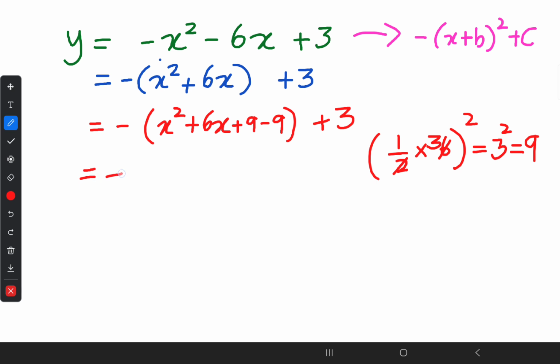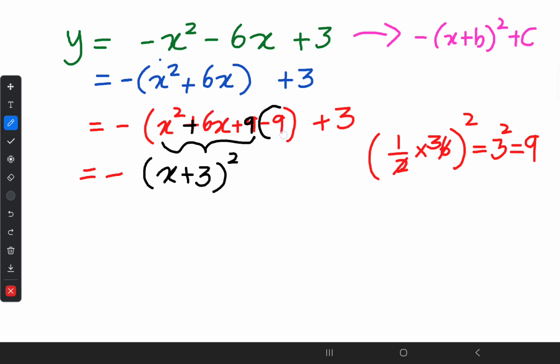Now look at these three values inside: x square, positive 6x, and 9. 9 can be expressed as 3 square. So we can write this as x plus 3 whole square.